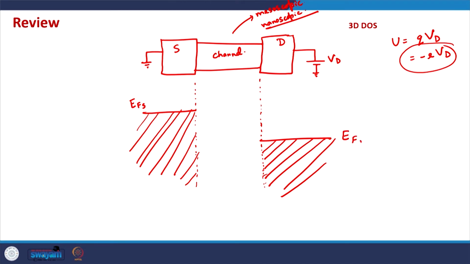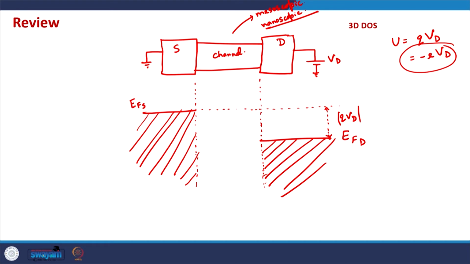So, this is the position of the drain Fermi level before we applied any voltage. Now, it has gone down by q times Vd. This is the magnitude of the decrease in the level of the drain Fermi level.